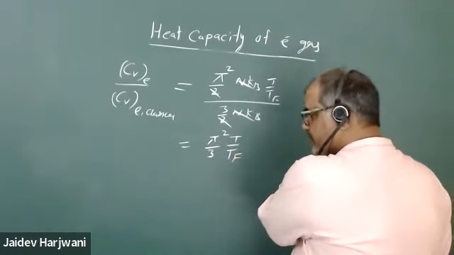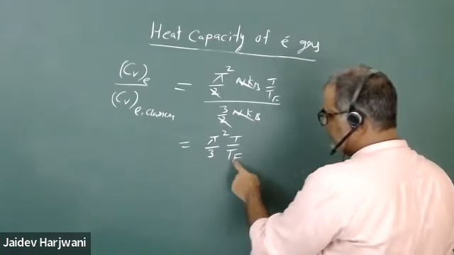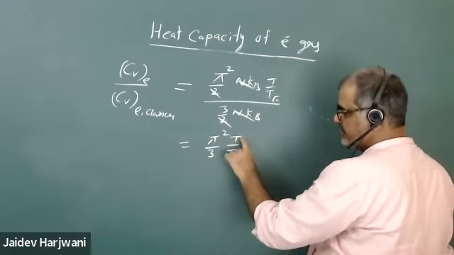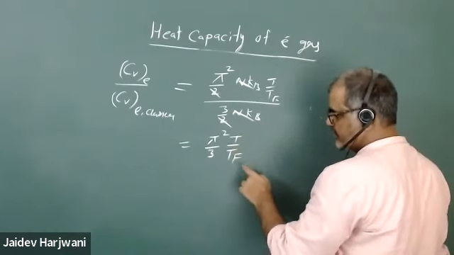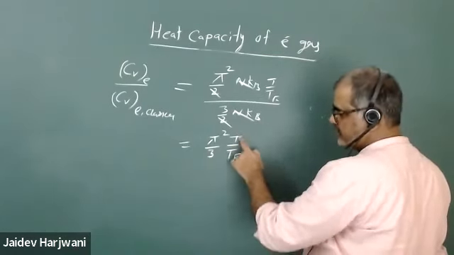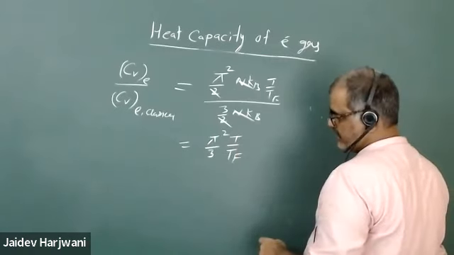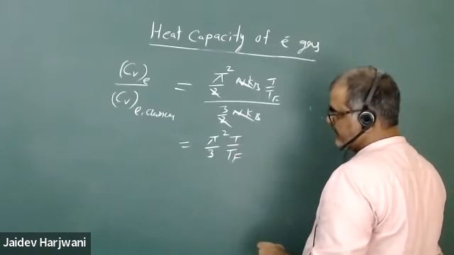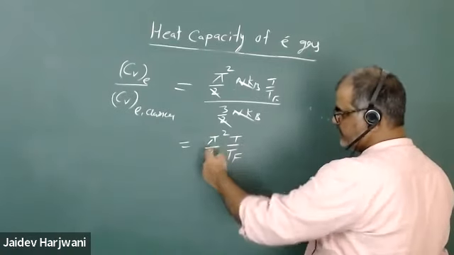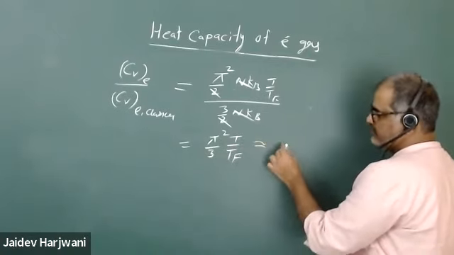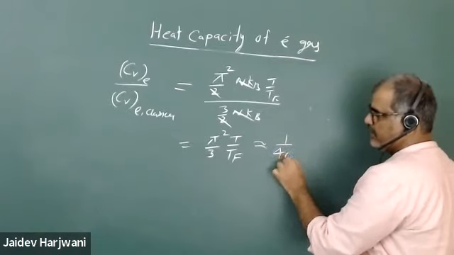As I told you earlier, if you take this ratio, say this is 300, room temperature, and this is 3000, so this ratio itself is 1 by 10. Not 1 by 10, 1 by 100. Then this ratio, with pi square by 3, almost comes out as 1 by 40.